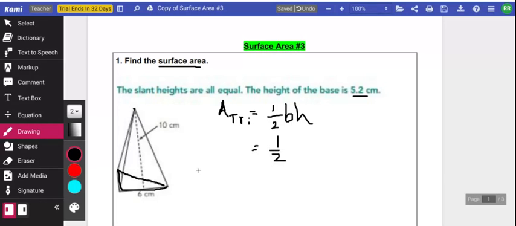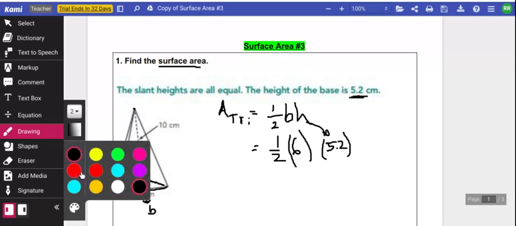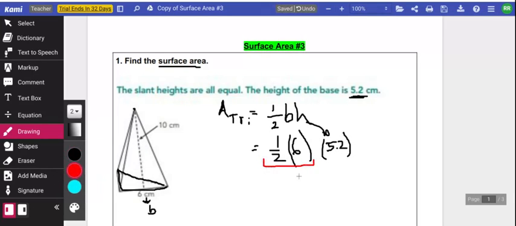I have 1/2 times the base, which is 6. Okay, that is the base, 1/2 times 6, times the height. The height of the base, I am told here, is 5.2. Okay, so I know that 1/2 of 6 is 3, and I still need to multiply by 5.2.